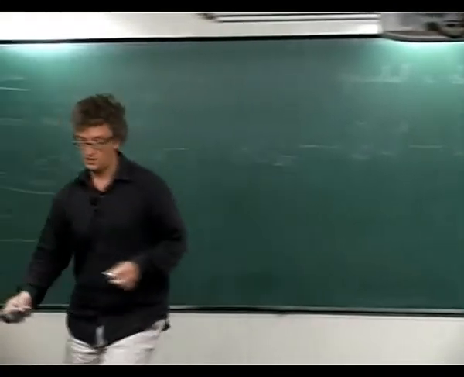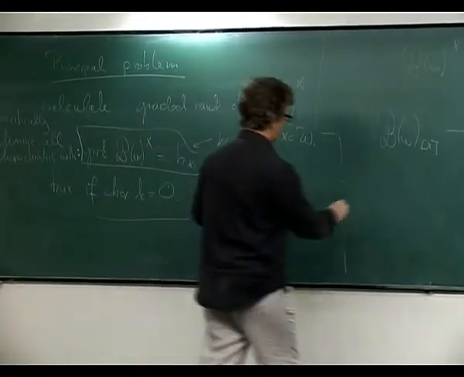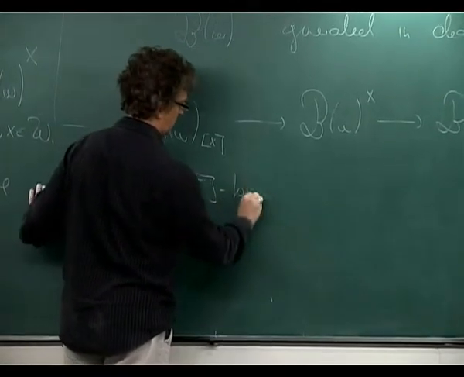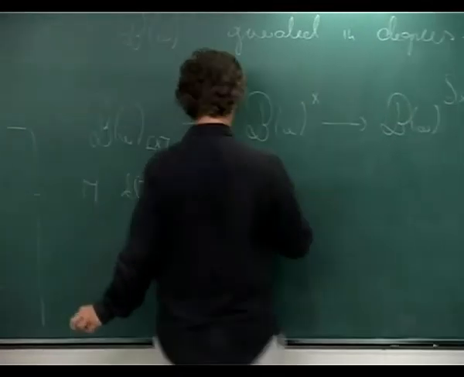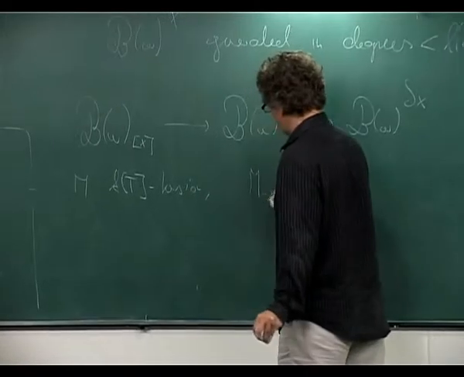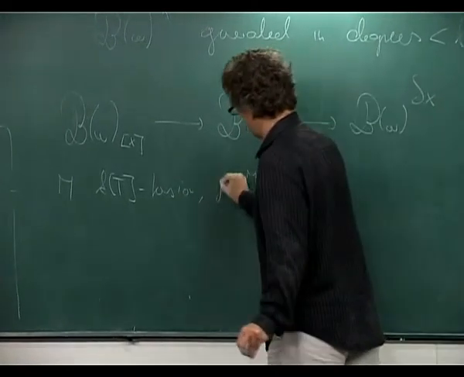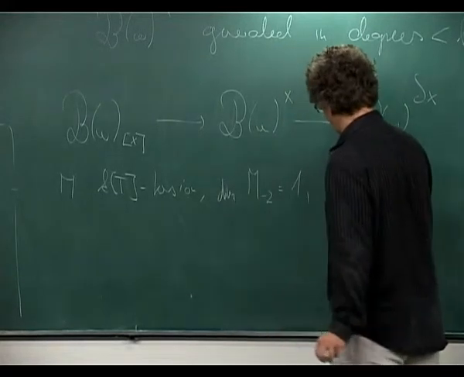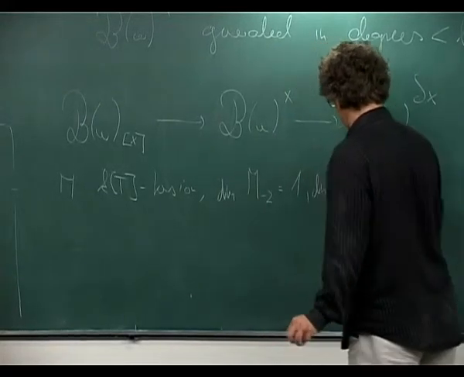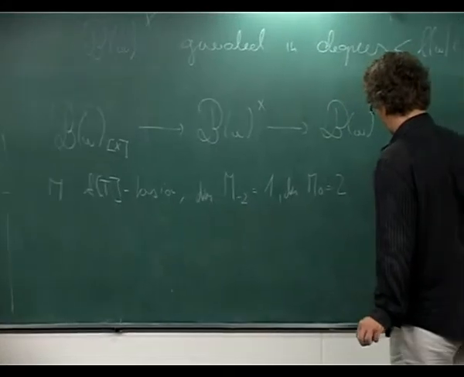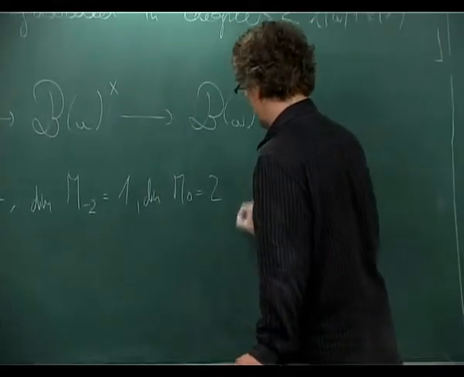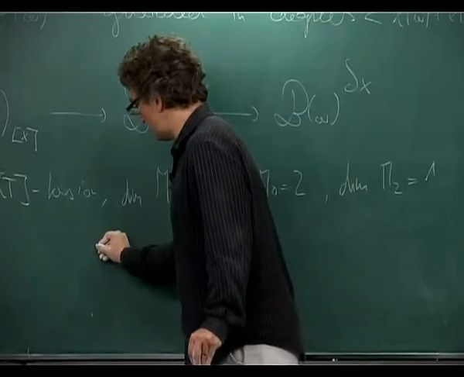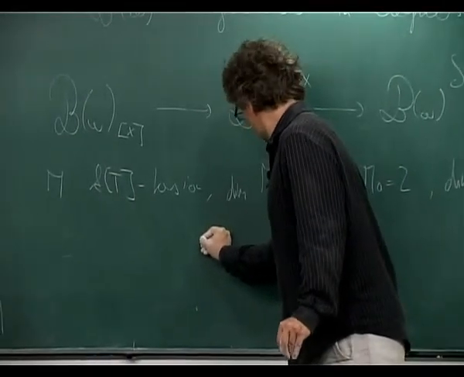If you have a module M and K[T] torsion module, say with the dimension of M in degree -2 being 1, the dimension of M0 is 2, and the dimension of M2 is 1 again, then there are two possibilities for how it can look.